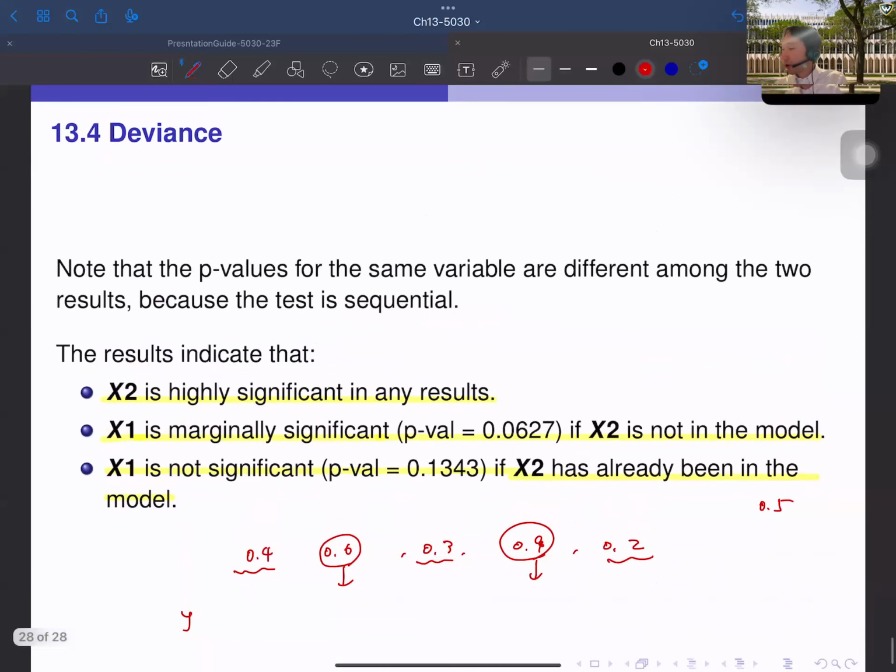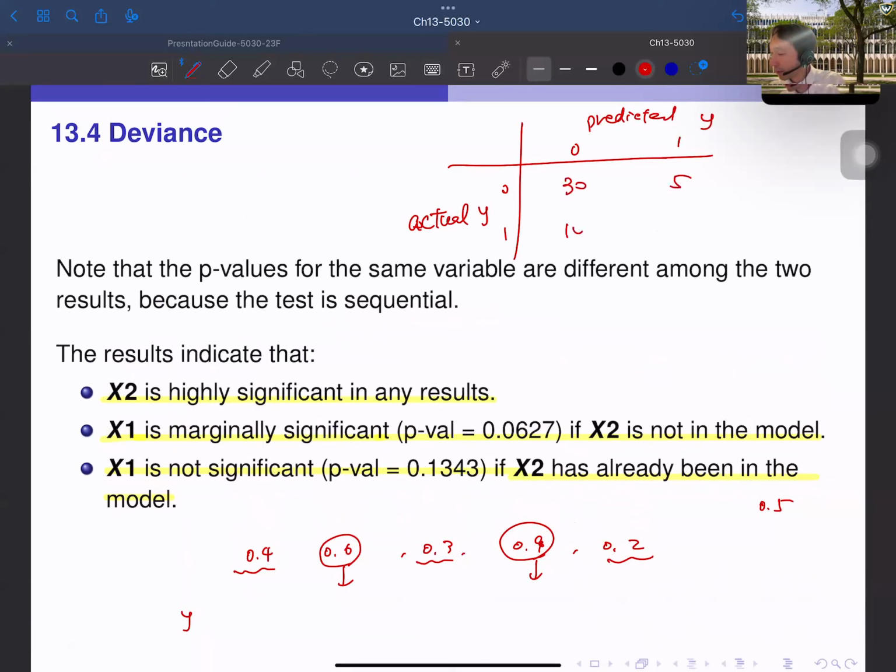Once you get the threshold, you can compare the actual Y, 0 or 1, and the predicted Y. Then you can make a table of counts. You can see this prediction is good because we have 130 cases that we predicted correctly, and we missed 15 cases. So once you specify the threshold, you can make the table of the predicted results.